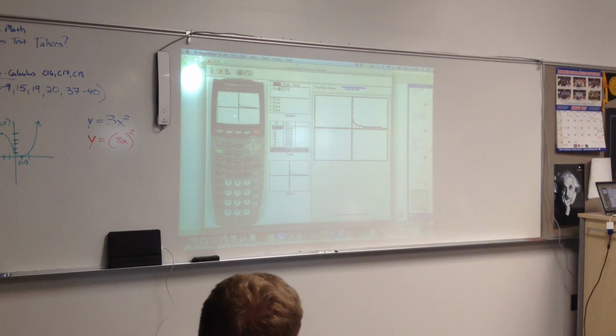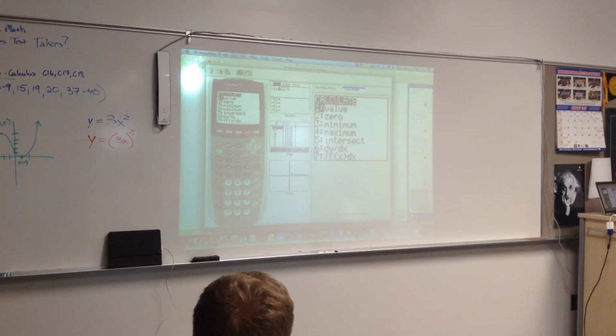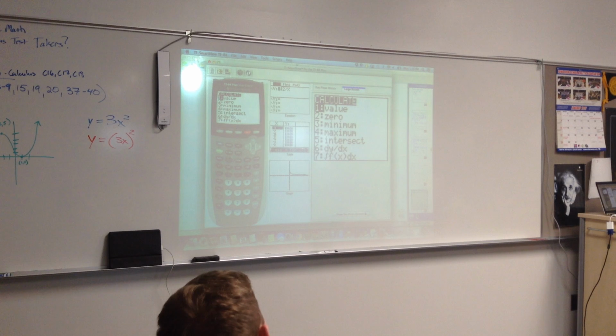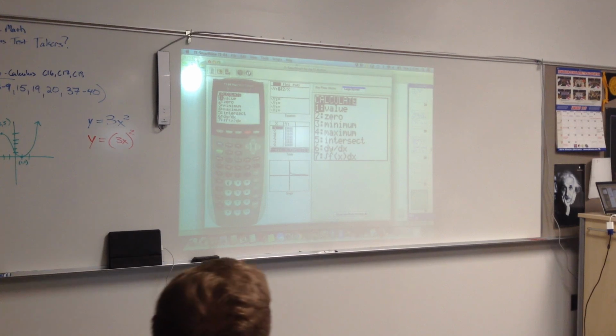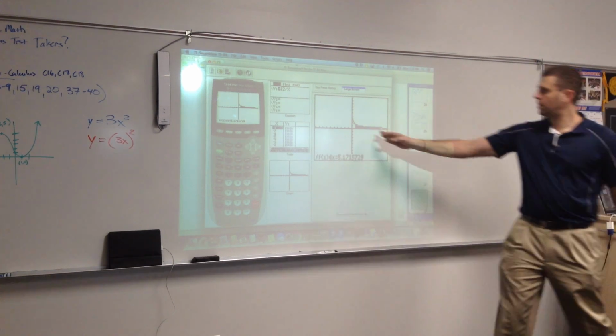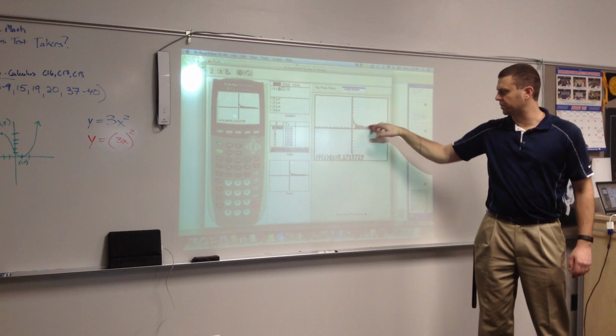So here's the graph of the function. If I go to second trace, which is calculate, number 7 down there, you see it? Antiderivative. We had a lower limit of 1, right? And an upper limit of 8. From 1 to 8, it kind of colors it in there for you.